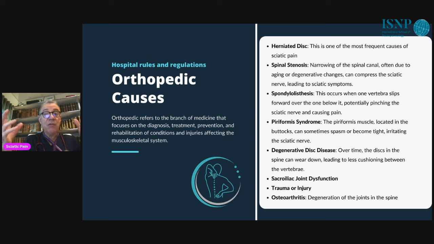Orthopedic cause, even if the sciatic nerve emerges in the pelvic cavity, not at the level of the back, but in the pelvic cavity, and leaves the pelvic cavity through what we call the greater sciatic foramen, enters the buttock below what we call the gluteal muscle, and then goes down.